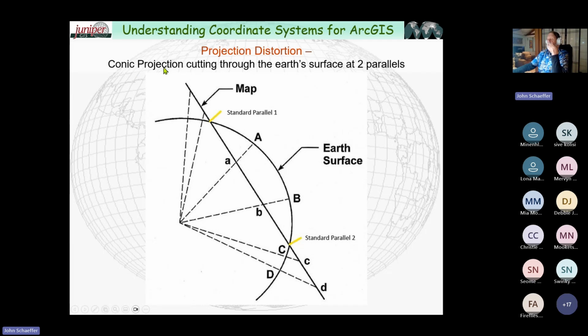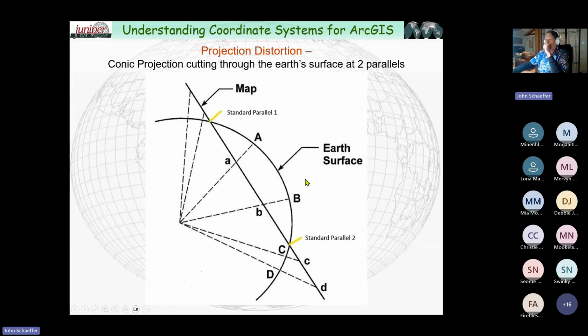So conic projection, we talked about that, cutting through the Earth's surface at two parallels. And this is how a conic projection is used almost all the time. Instead of just hitting at one point, it hits at two points. In most cases, this is showing a really large part of the globe; in most cases, this might be just a little slice in here. So we have the Earth's surface curved, we've got our map surface, standard parallel 1, standard parallel 2.